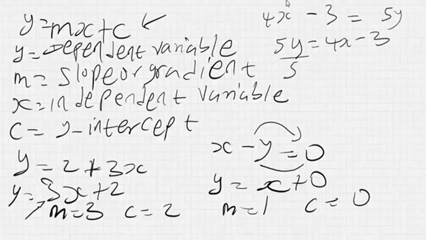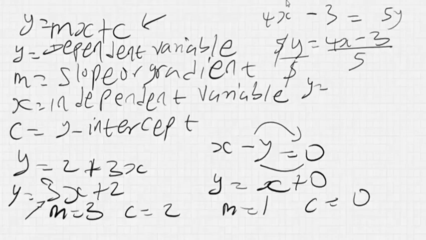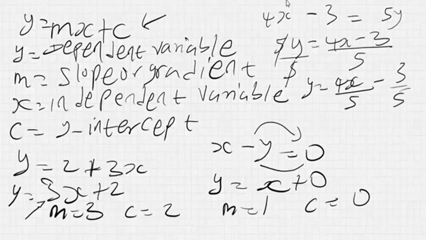When you divide both sides by 5, the 5 is a common denominator of the numerator we have here, so you simply separate it. You're going to have 4x over 5 minus 3 over 5.